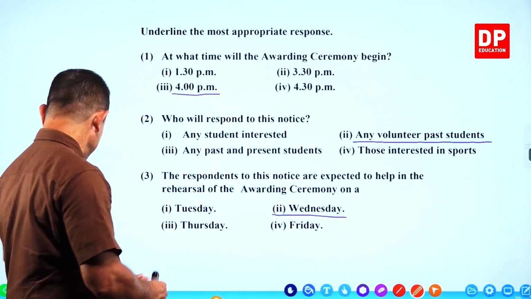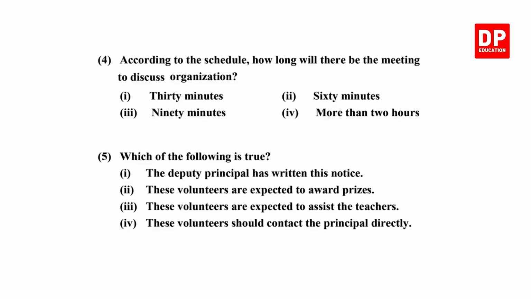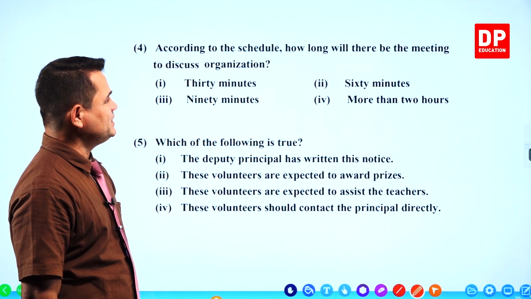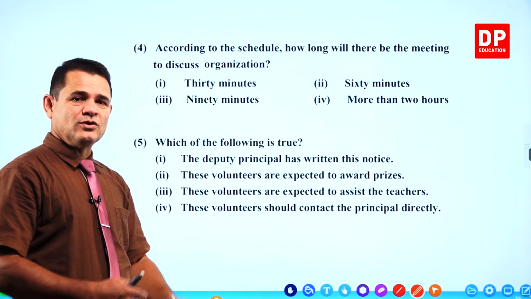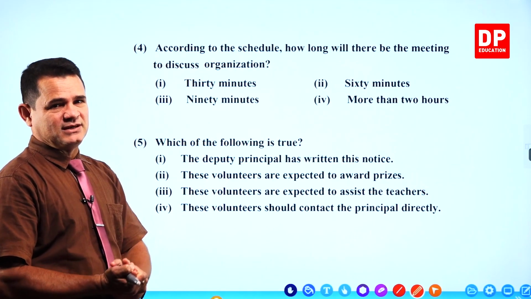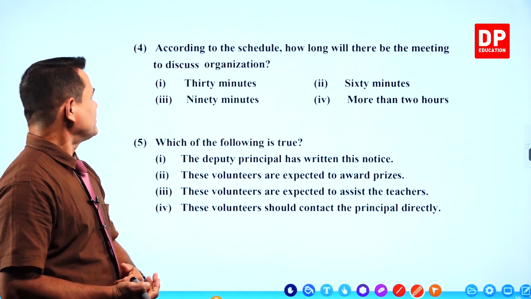Okay, now let's look at the next question. According to the schedule, how long will there be the meeting to discuss organization? How long means how much time will there be for this meeting? Right?